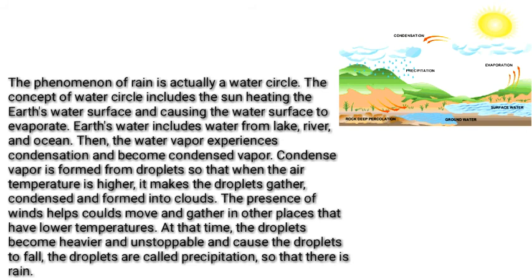Condensed vapor is formed from droplets so that when the air temperature is higher, it makes the droplets scatter, condense, and form into clouds. The presence of winds helps clouds move and gather in other places that have lower temperatures. At that time, the droplets become heavier and unstoppable and fall. The droplets are called precipitation, so that there is rain.